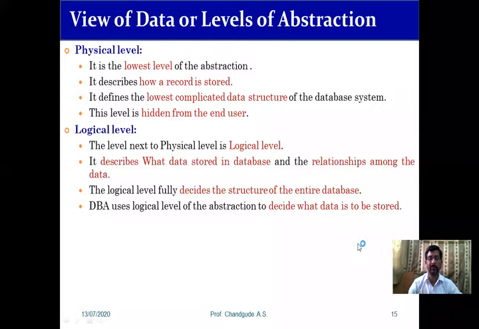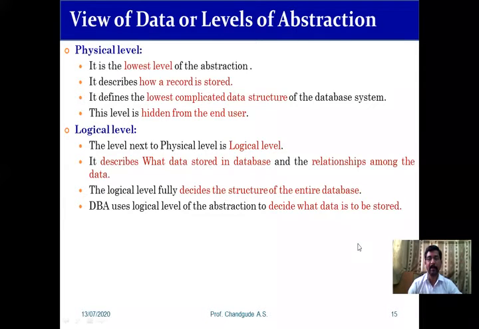The second level of abstraction is the logical level, which means conceptually or logically how things are managed and processed. All these things are maintained under the logical level. Take a simple example of your personal computer or laptop: you have secondary storage, a hard disk.